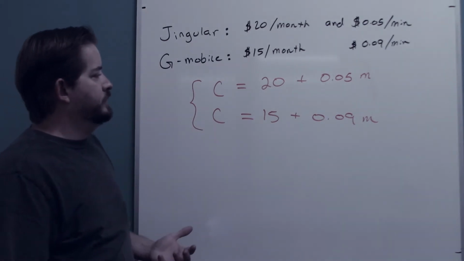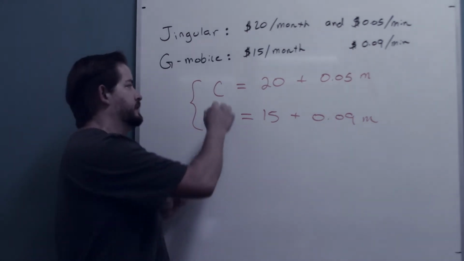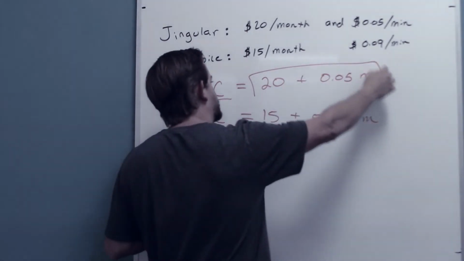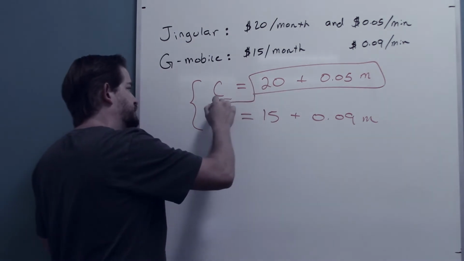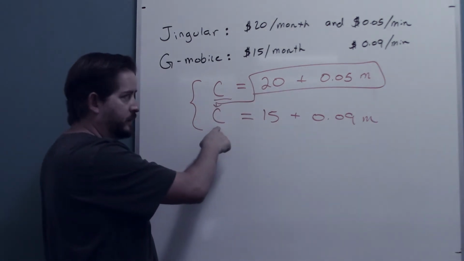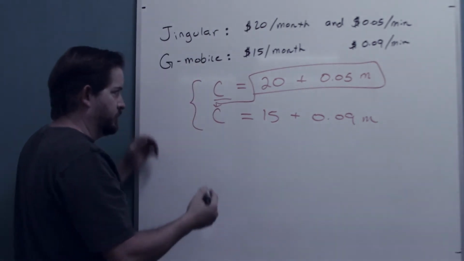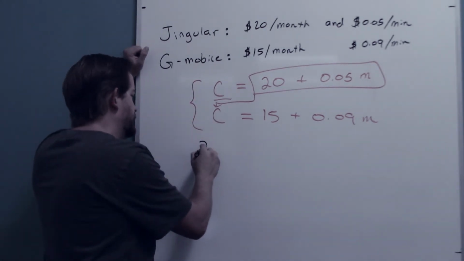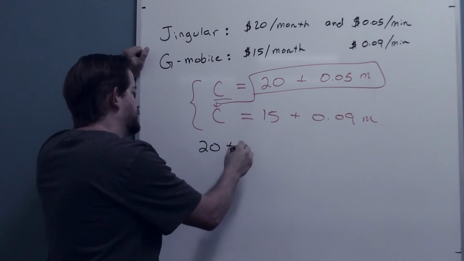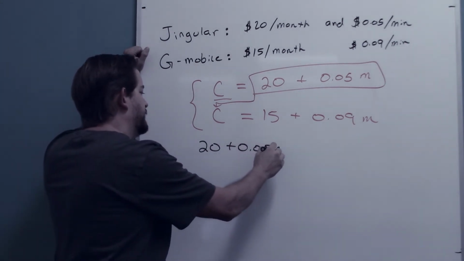Now, this is perfectly set up for a substitution. Since my cost is equivalent to this expression, I can take that expression and replace the cost in the other equation with it. So then the final single equation becomes 20 plus 0.05 m.